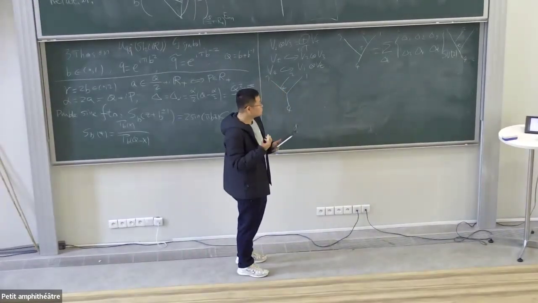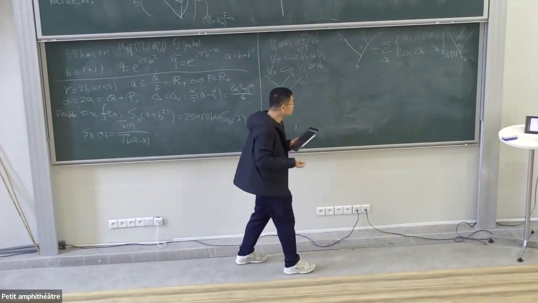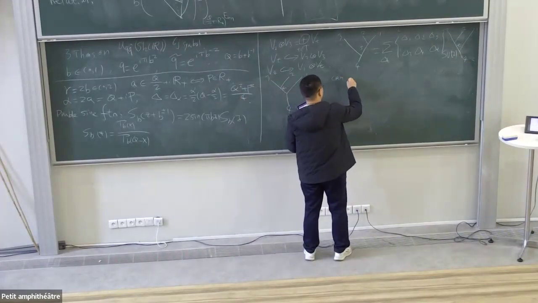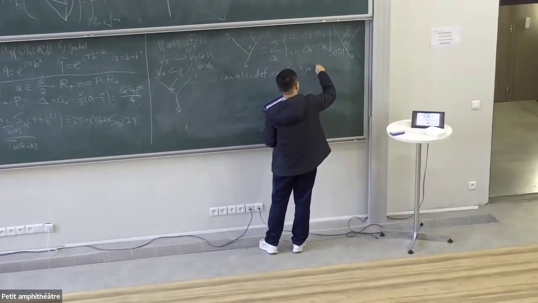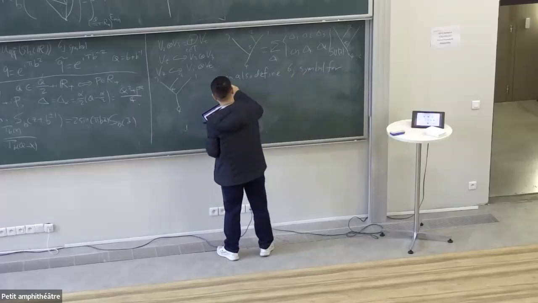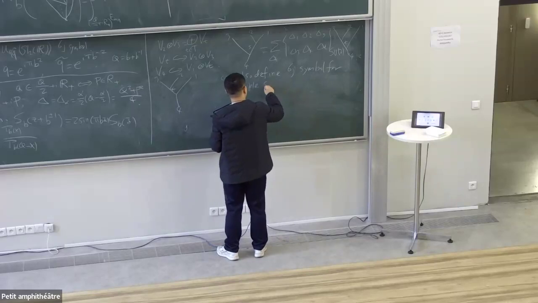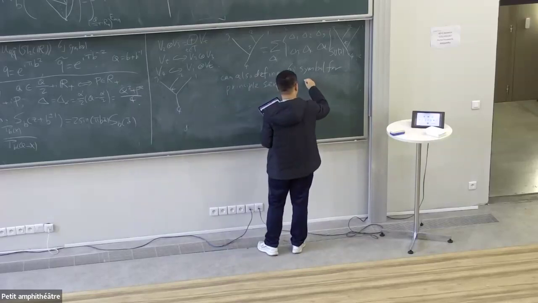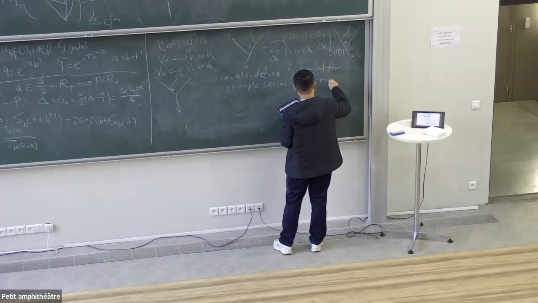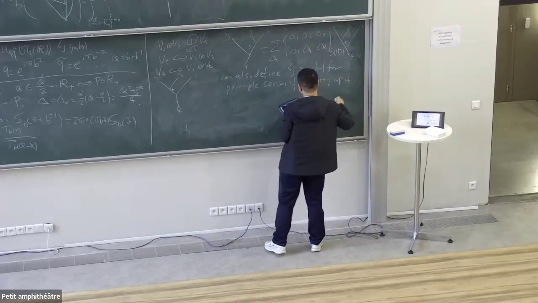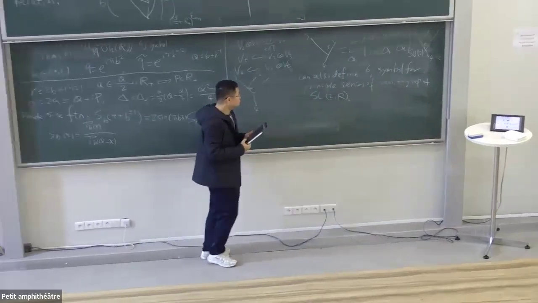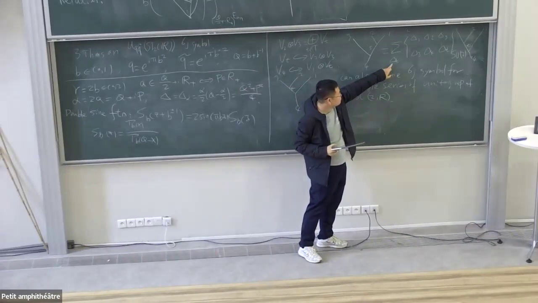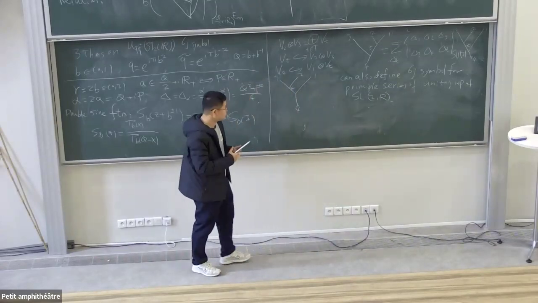And then you can also do the same thing for the principal series of SL2R, the unitary representation. The difference is that you need to replace the summation with an integral. But this is something different.